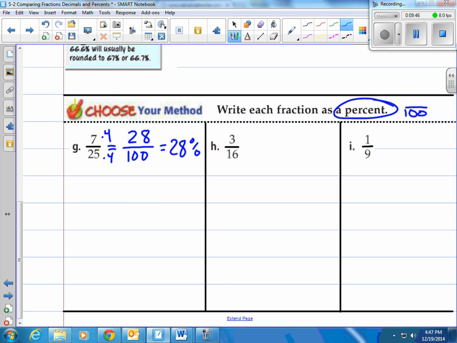Once you have the fraction written with 100 on the bottom, the top number is the percent, because that division by 100 means percent. How about 3/16? 16 doesn't go into 100 evenly. So what I have to do is actually divide 3 by 16.